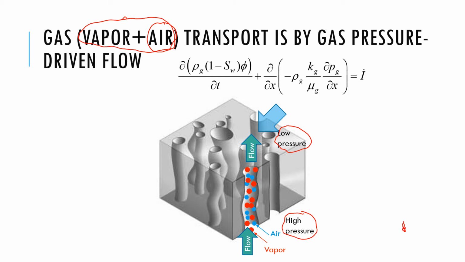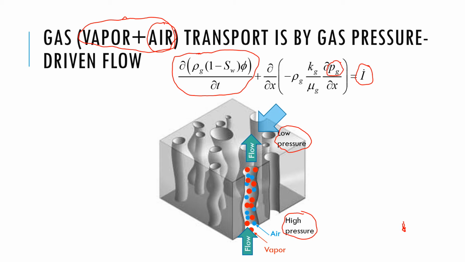That's the term due to evaporation because it's vapor plus air. So I dot is a contribution from the vapor side going from water to vapor, and this is the transient term. So in the transient term, one thing we want to remind ourselves is this equation is solved for the pressure.